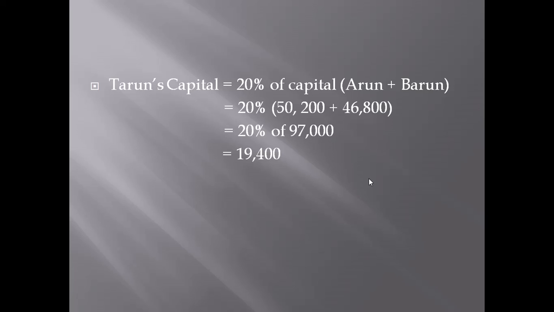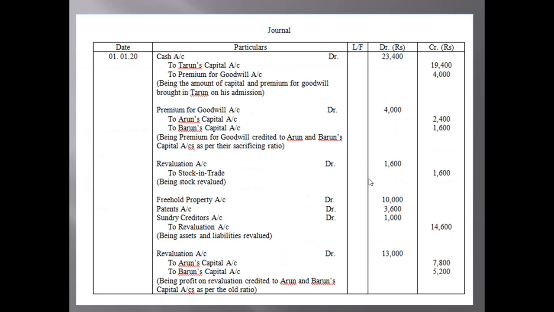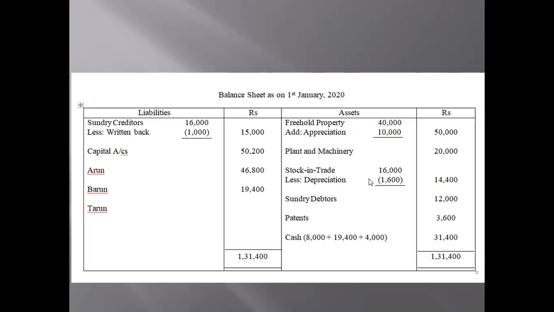So this 19,400 should be added. 8,000 plus 19,400 plus that 4,000. Why this 4,000? 4,000 is the premium for goodwill, if you remember. So you have to sum up all the items. 31,400 will come, and do the totaling of the asset column.